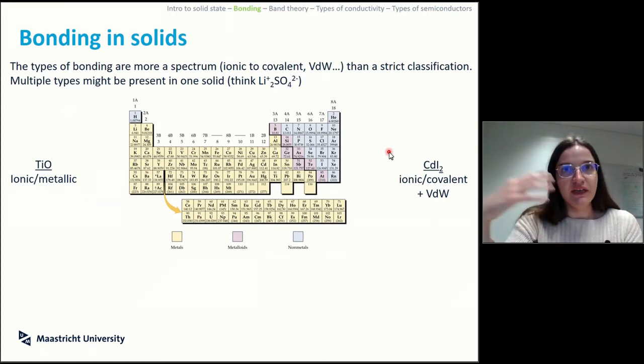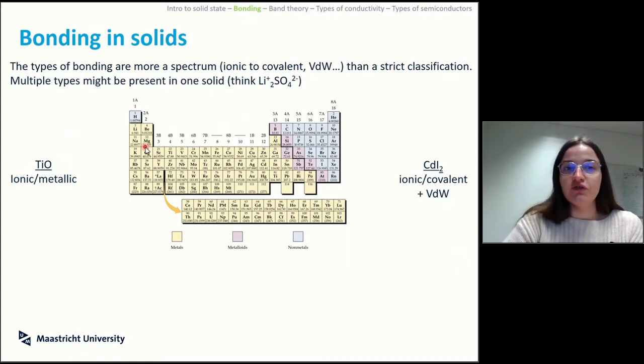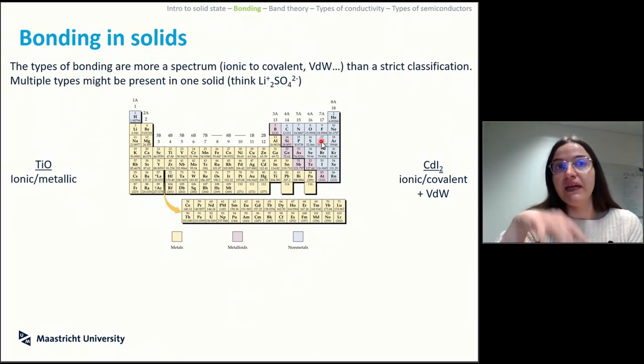So you can actually coexist in this type of range, which will lead to having stuff like titanium oxide being ionic metallic, and cadmium iodide being primarily ionic covalent, with the van der Waals interactions added on top to make these molecules interact with each other.